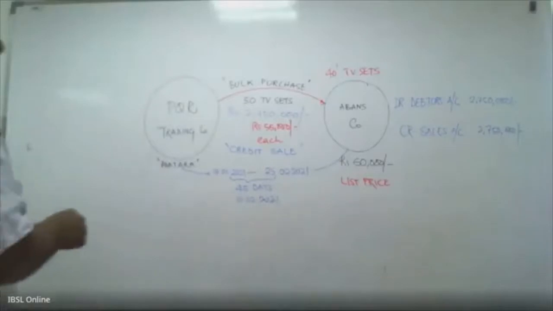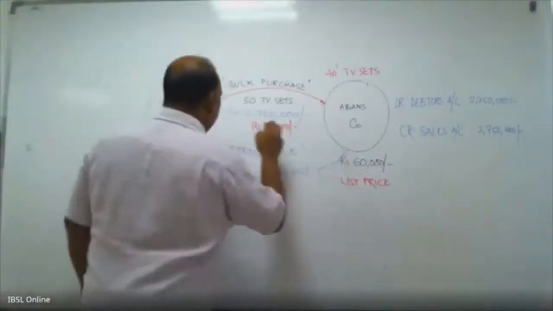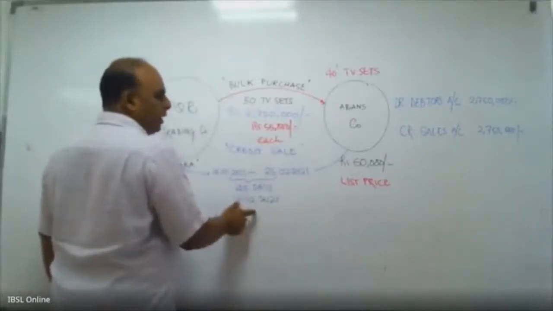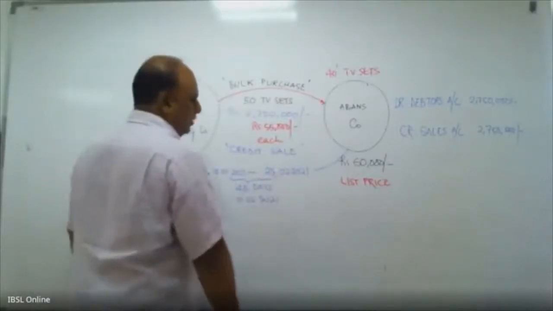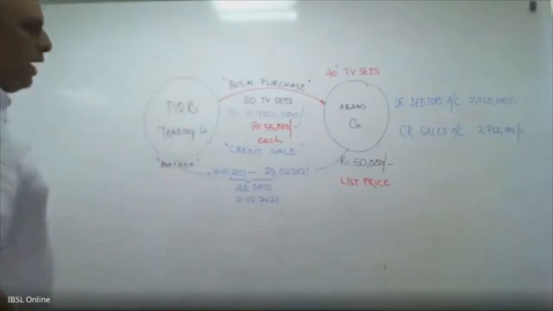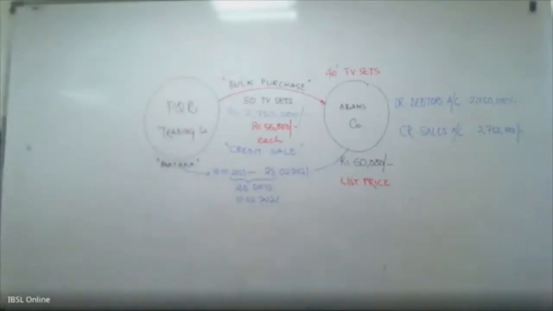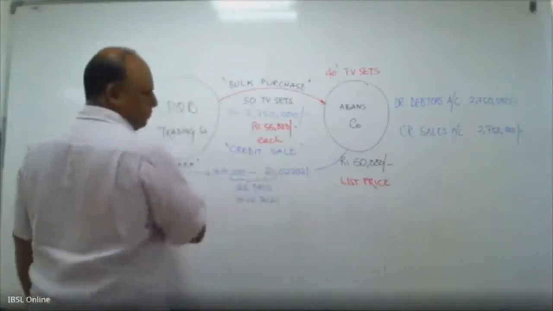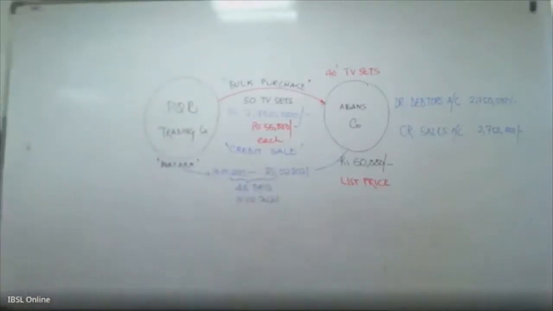Because Abans Company cannot go and force PQR Trading Company to pay prior to 25th of February. PQR Trading Company has every right to pay it even on the 25th of February. No problem. That is the common understanding of a credit sale agreement.